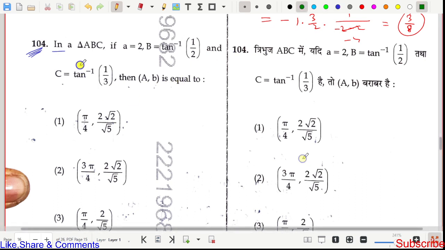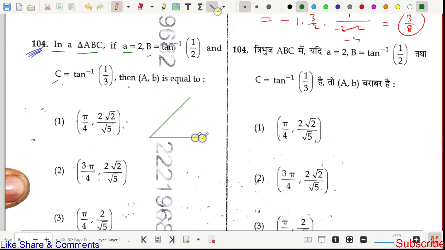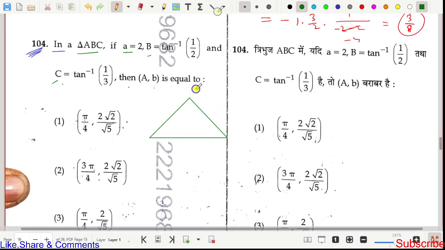In triangle ABC, the value of a is given and angles B and C are given, so we have to find angle A and the value of b. We have to understand what small a and small b imply. Let's draw a triangle. This is a triangle, suppose.